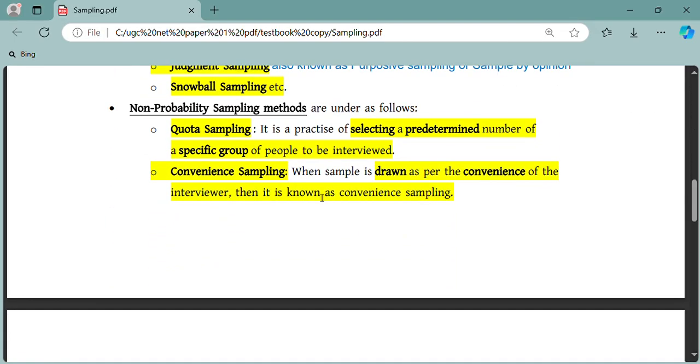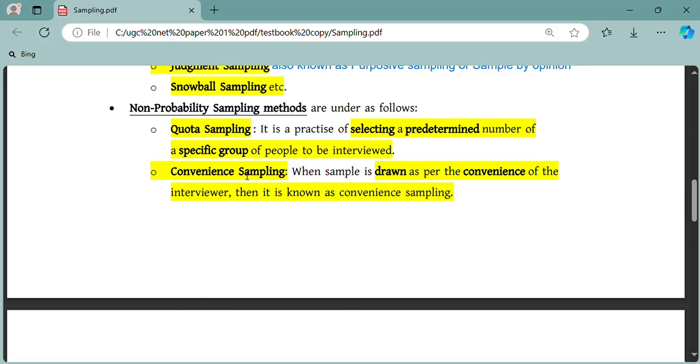Next, what is quota sampling? Quota sampling is a practice of selecting a predetermined number of a specific group of people to be interviewed. Next, convenience sampling.